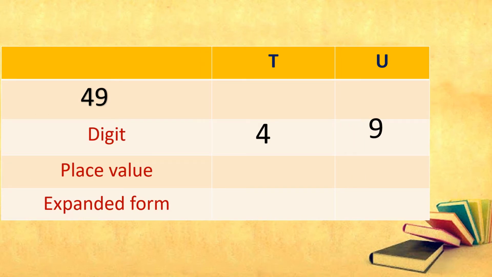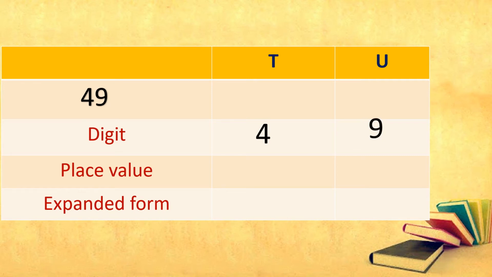Now let us see, children, what is the expanded form of number 49. In number 49, digit 4 is on tens place and digit 9 is in ones place.